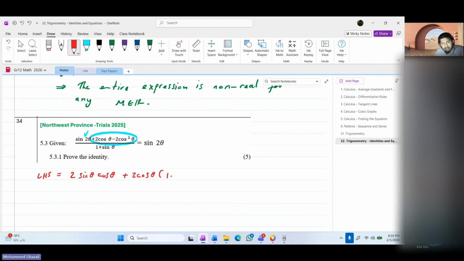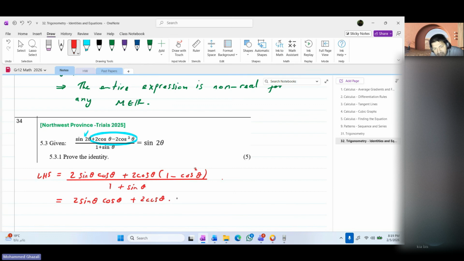And we will be left with 1 minus cosine squared. Because remember, I'm taking 2 cos theta out. So you're left with cos theta times cos theta, which is cos squared theta, divided by 1 plus sine theta.